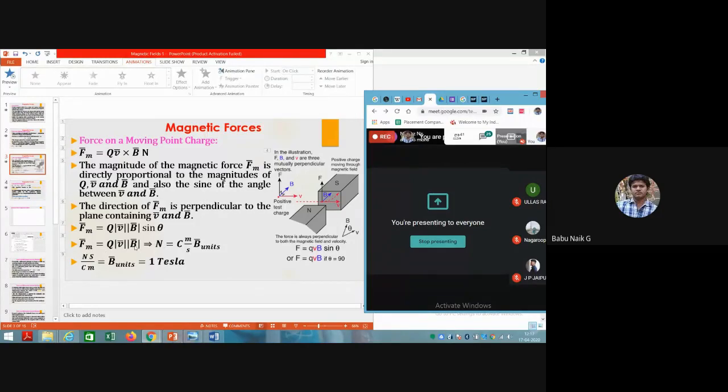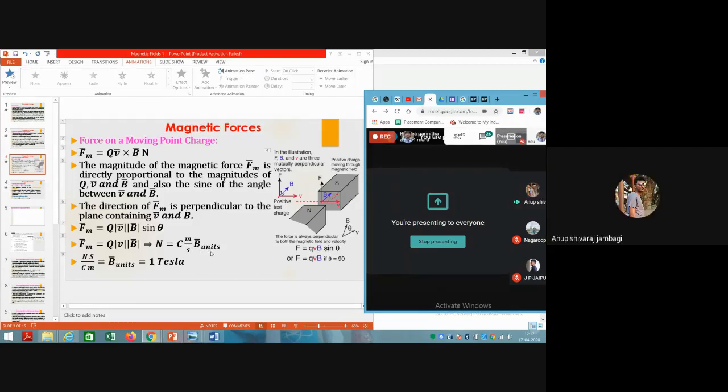Now you can also write the units. The unit of force is Newton, which equals the charge unit Coulomb times the velocity unit meter per second, times the unit of the magnetic field.